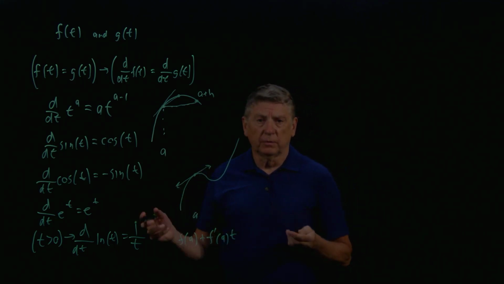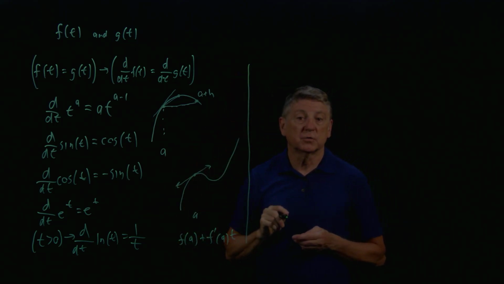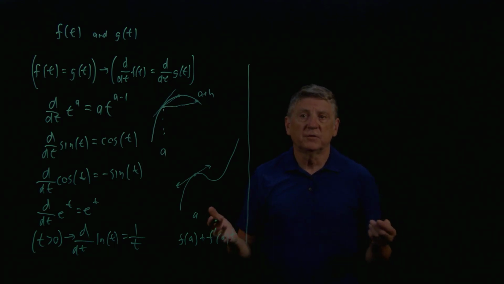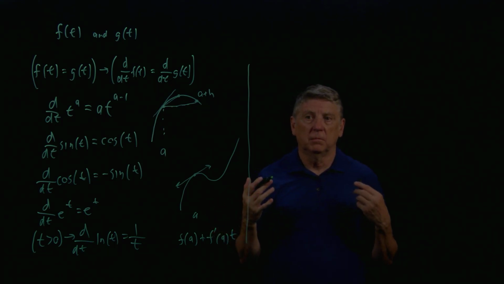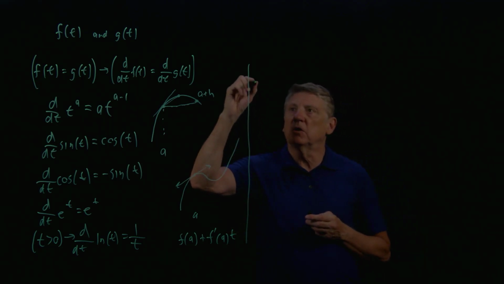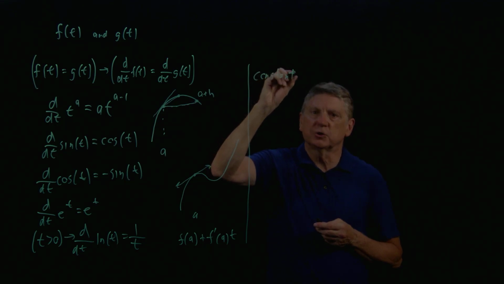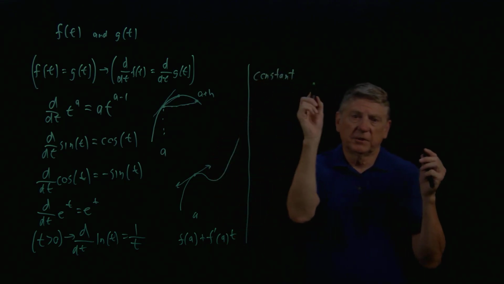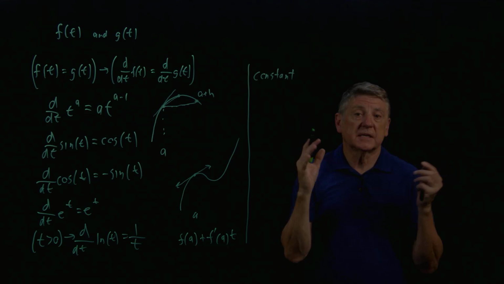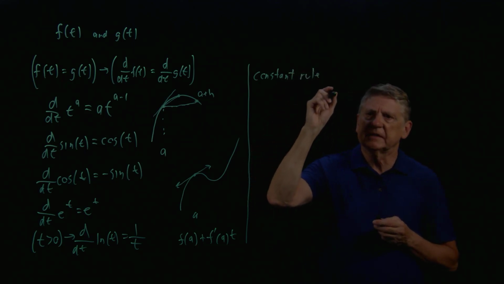So for derivatives, there are four very simple rules that we follow. One is called the constant rule. I'll write it down here, but afterwards I'll omit the terms constant and rule.